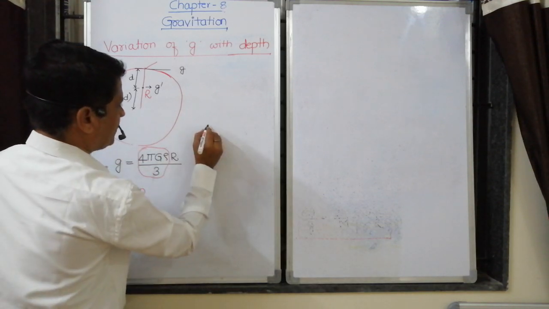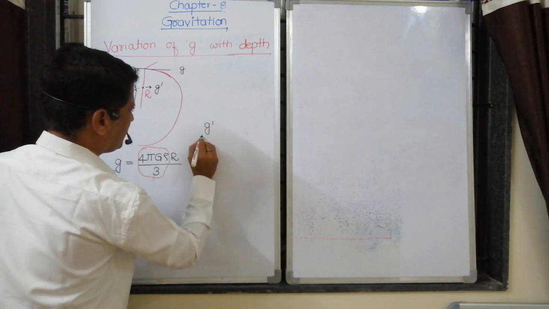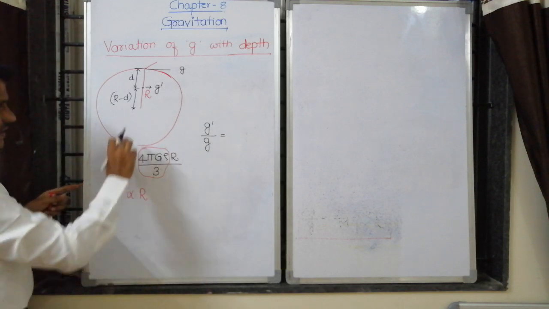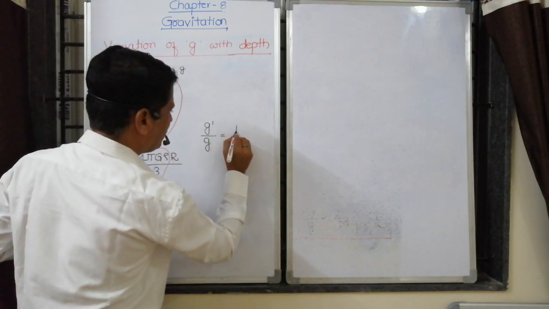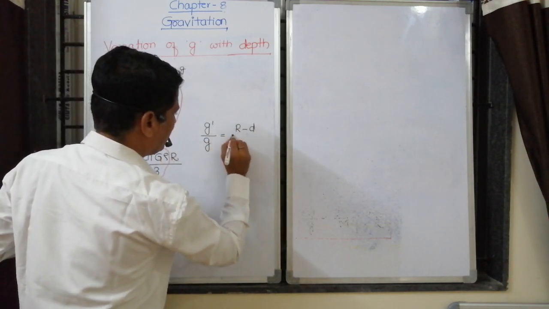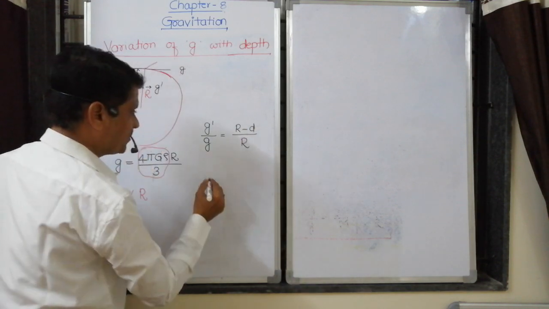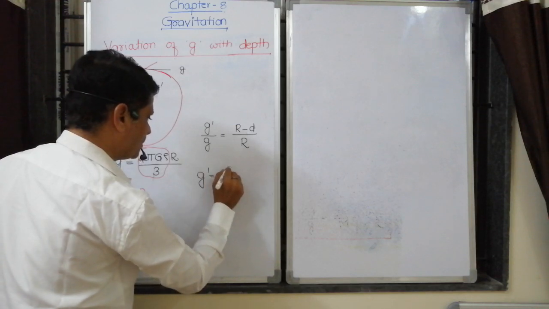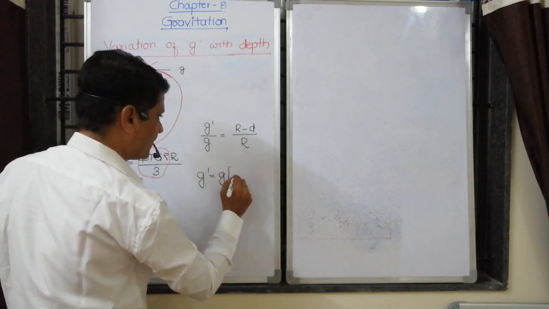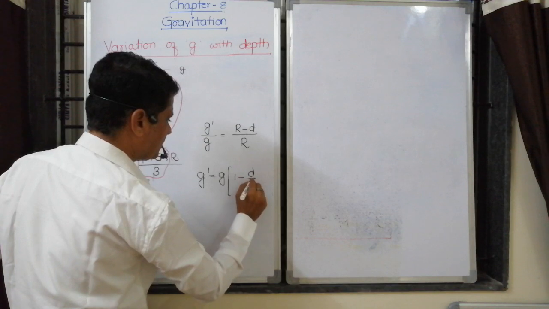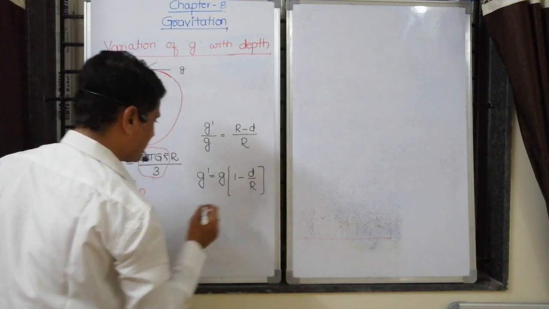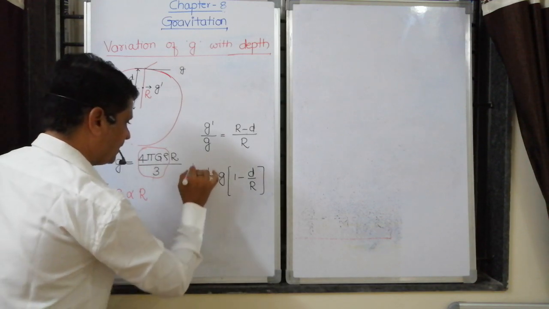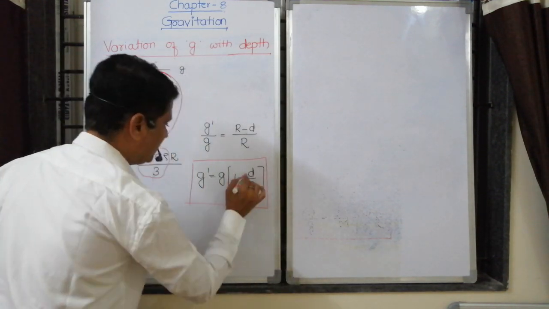Hence g dash by g is equal to, for this it is r minus d divided by r. If you simplify, g dash is equal to g in bracket 1 minus d by r. This is an expression for acceleration due to gravity at a depth d.